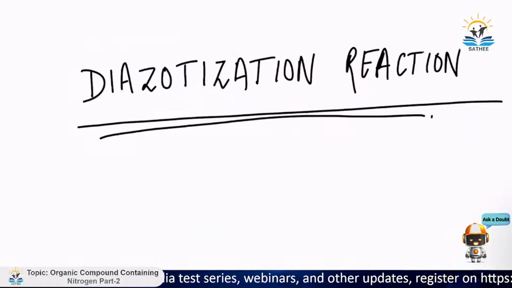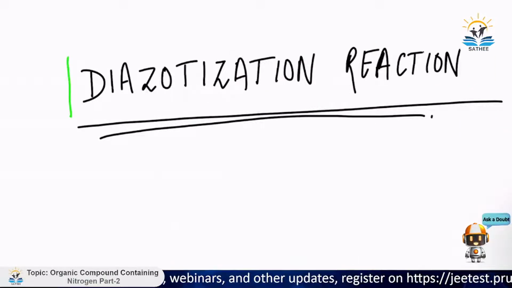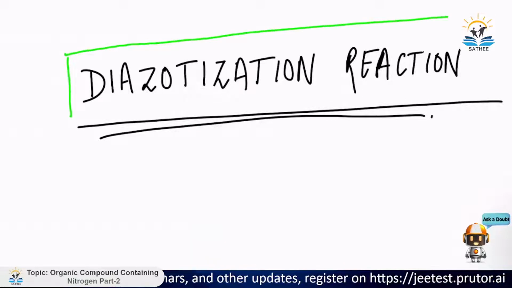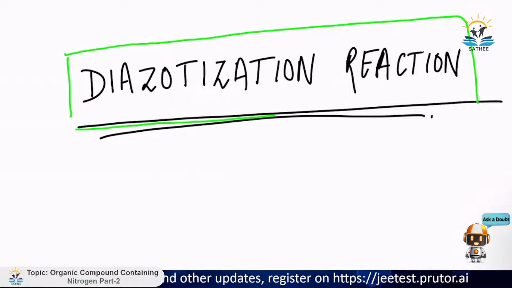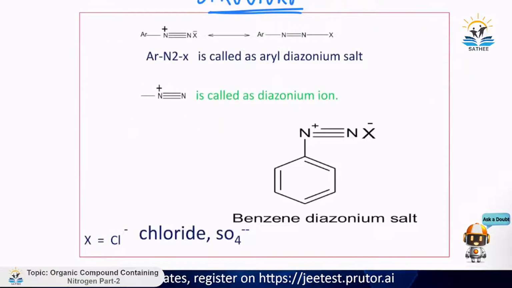Now moving on, we come to the next chemical reaction in aniline, that is diazotization reaction. So what is this diazotization reaction? First of all, what is the diazonium salt?